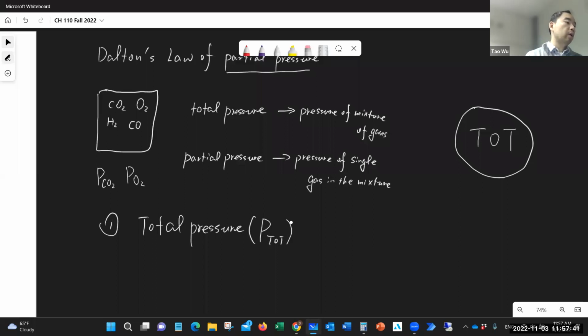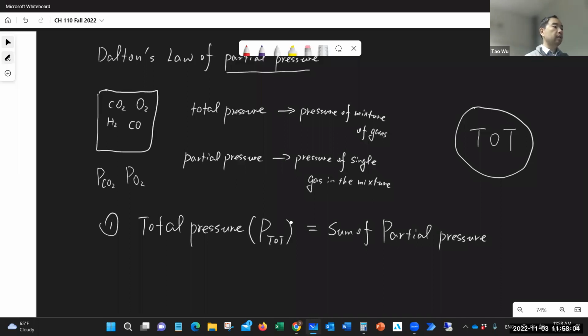So the total pressure should be equal to the sum of the partial pressures.